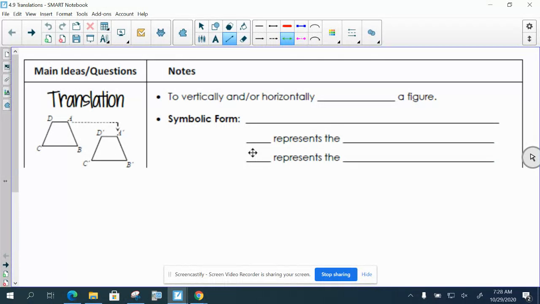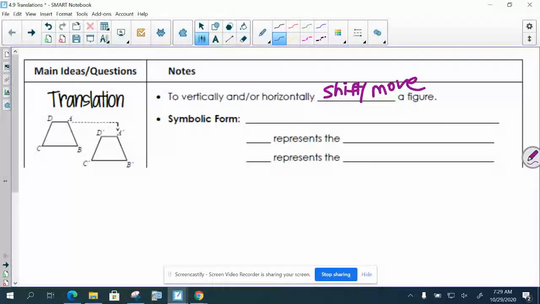So translation basically just means to move the figure. You're not rotating it, you're not reflecting it, the angles don't change, you're not changing the size. So just to simply move, to vertically or horizontally shift or move a figure. And then here's how you're going to write it.